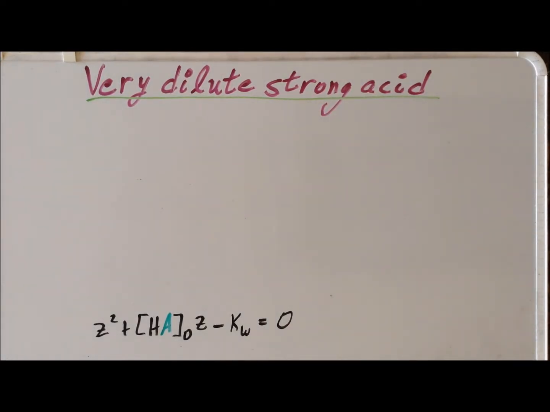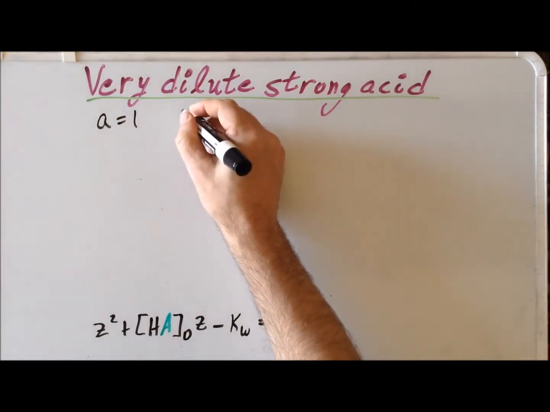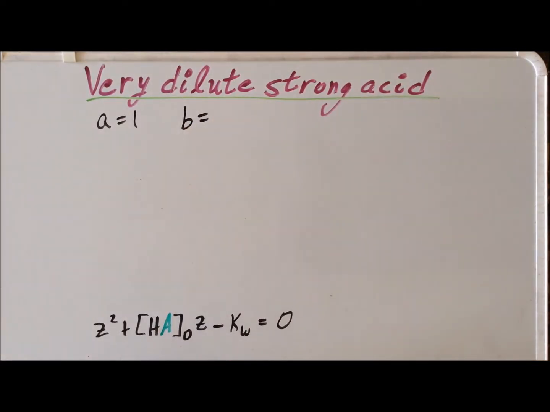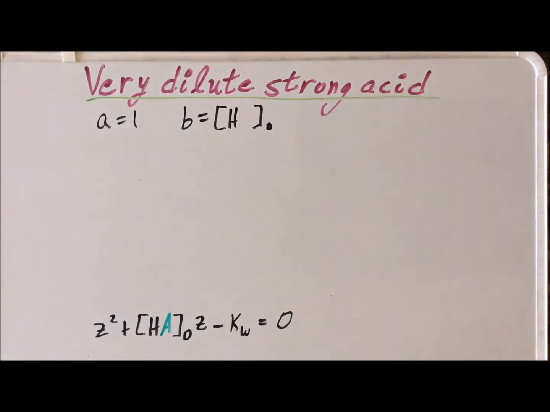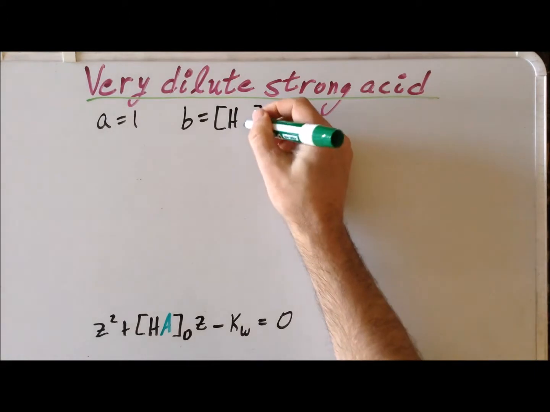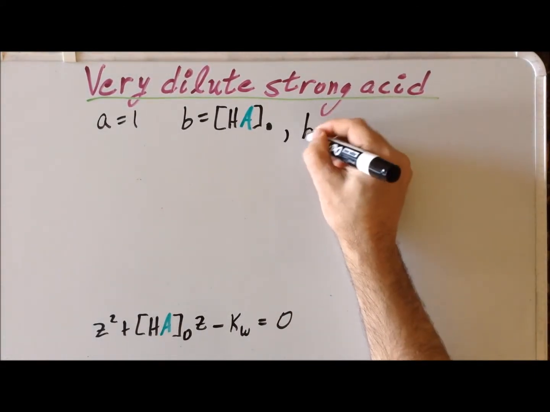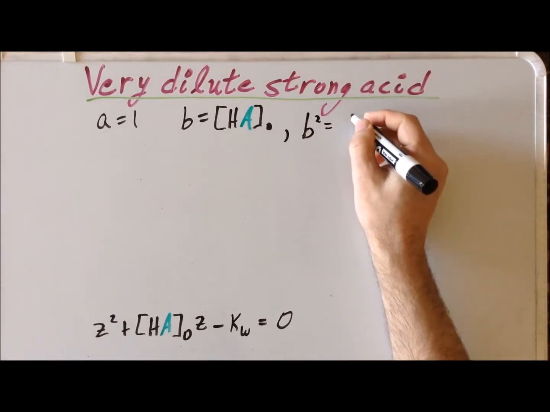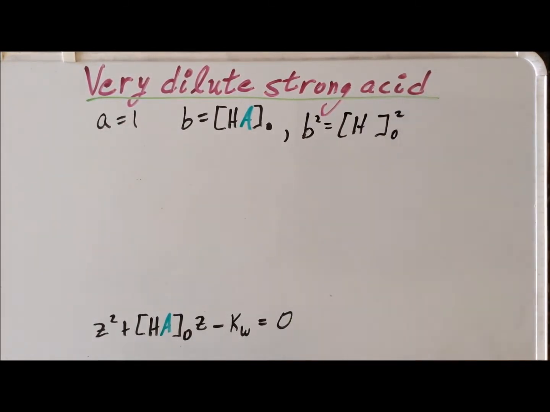Now we note that for our quadratic equation, the coefficient a, the coefficient of the z squared term, is simply equal to 1. The coefficient b, which is the coefficient of the linear z term, is the concentration of the strong acid initially, HA sub 0. B squared is simply this squared, so we have HA sub 0 squared.